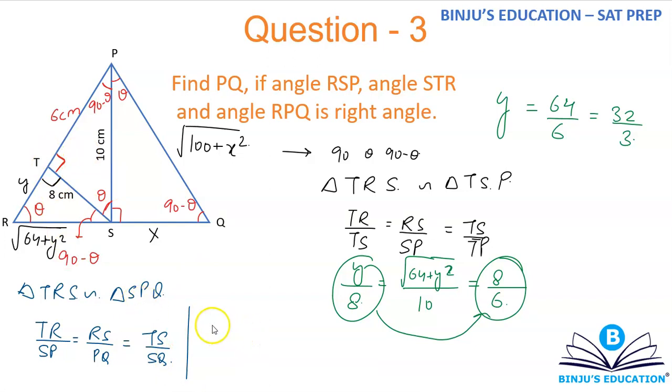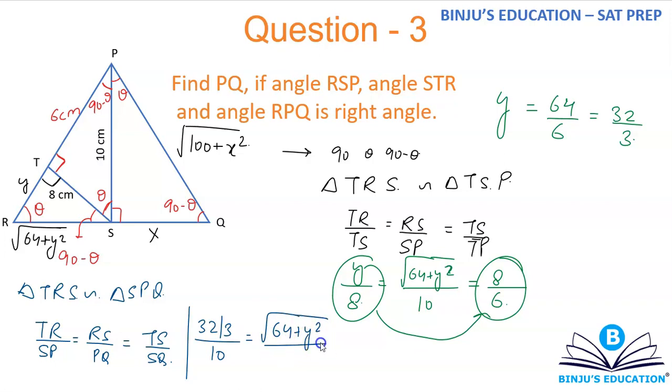Now what is the value of TR? TR is equal to Y, which is already 32 by 3, divided by SP, which is 10, that is equal to RS, that is under root of 64 plus Y square. I'm not calculating this, that's for sure.